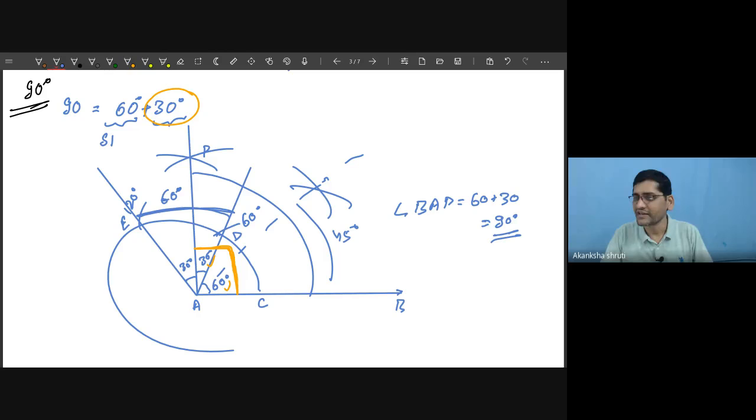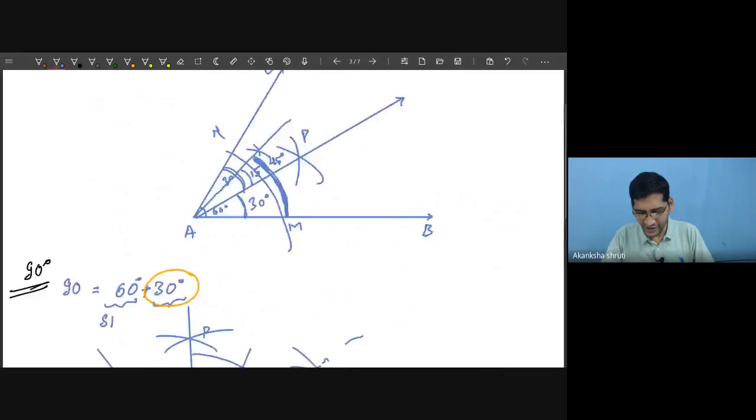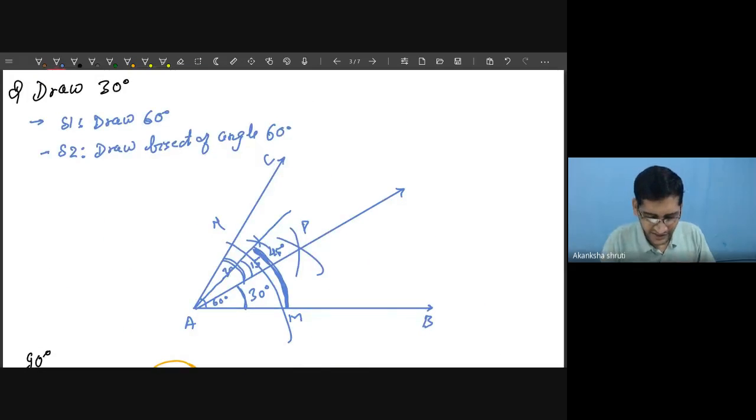It is up to you which method you use. Be careful while drawing, and draw the construction neat and clean. This way, drawing the standard angles and drawing the angle bisector, we have completed both.